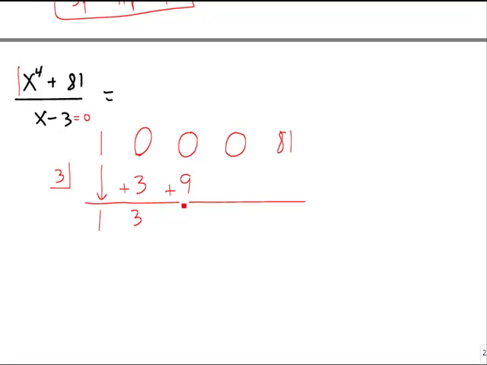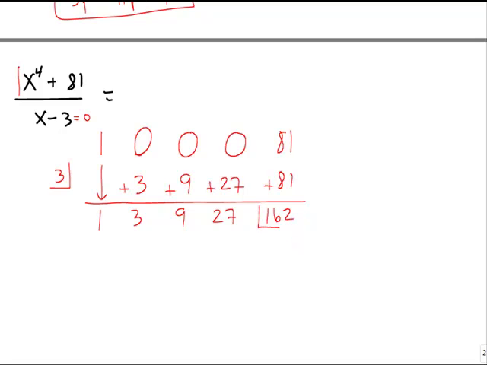Add down. 0 plus 9 stays 9. Multiply again. 3 times 9 is 27. Add down. 0 plus 27 stays 27. Multiply one last time. 3 times 27 is 81. Add down. Unfortunately, these are both positive, so they don't cancel out, so we get 162.